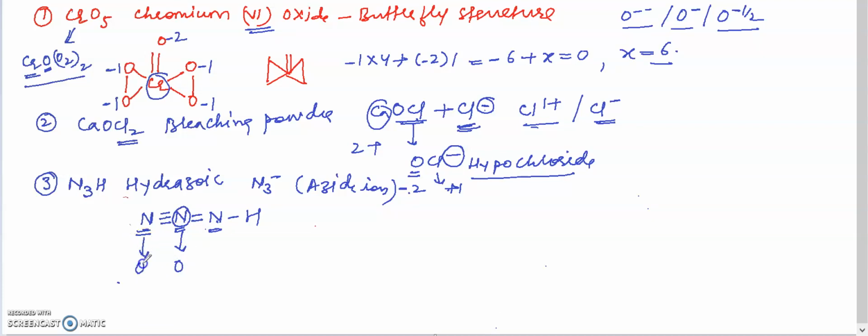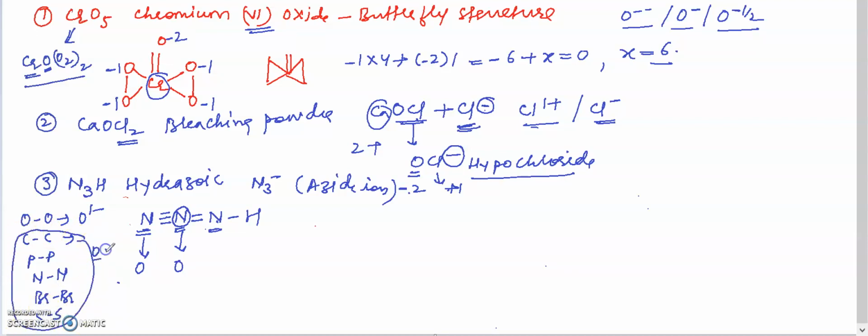This nitrogen will also have zero oxidation number because it is further attached to an atom. As I already told you in my first class on this topic, in the O-O linkage, O is 1 minus charged; otherwise in the rest of the C-C, P-P, N-N, Br-Br, S-S linkages, the elements are zero charged.